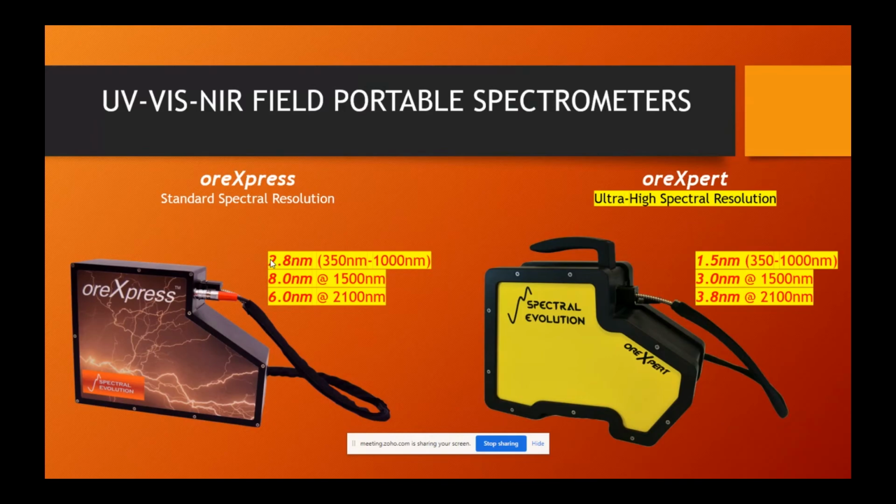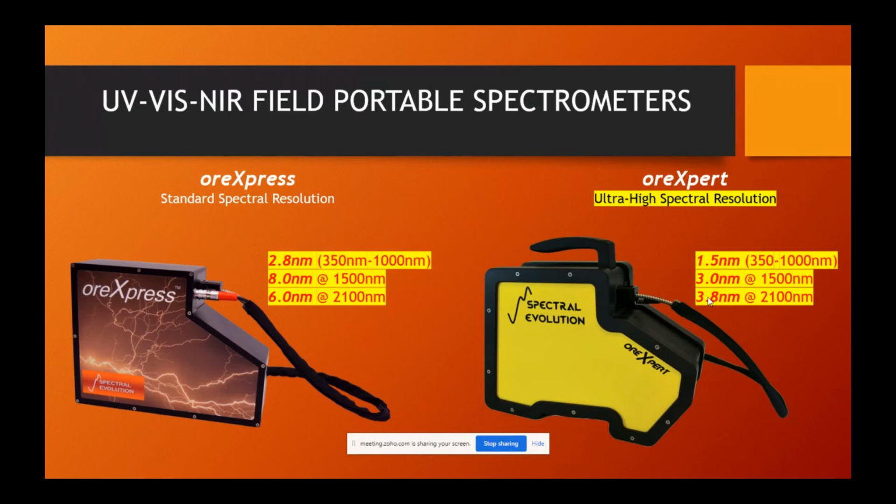So that means that this is the lowest spectral resolution that is accepted in terms of being a standard throughout our industry. However, the OR Expert, which is this yellow guy right here, happens to be the highest spectral resolution spectrometer on the market. It gives you about double the resolution than you would get with the OR Express.